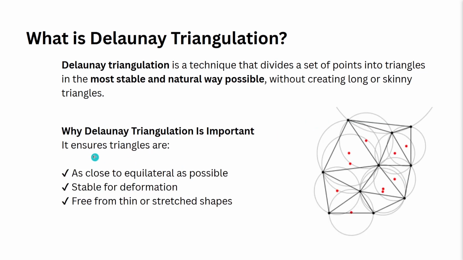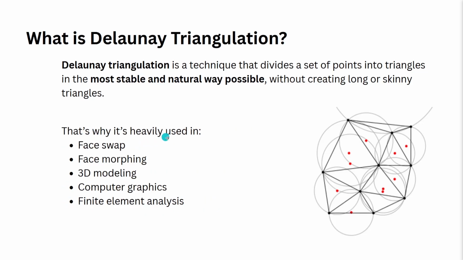Now the question is why Delaunay triangulation is important. It ensures triangles are as close to equilateral as possible, stable for deformation, and free from thin and stressed shapes. That's why it's heavily used in face warping, face morphing, 3D modeling, computer graphics, and many more.